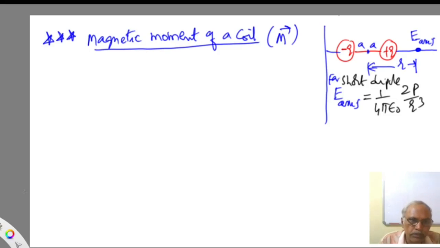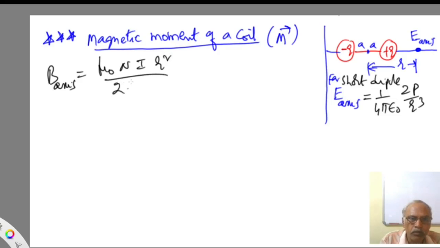Here also, just now we derived the expression for the magnetic field on the axis: B axis is equal to mu naught n I r square by 2 into (r square plus x square) whole power 3 by 2. This we got.